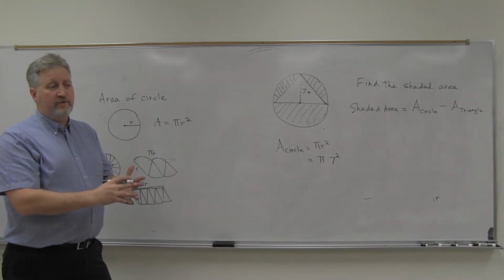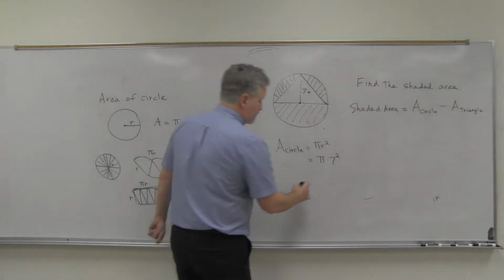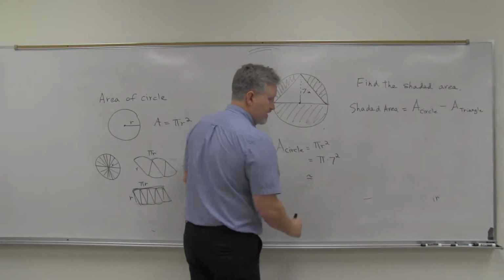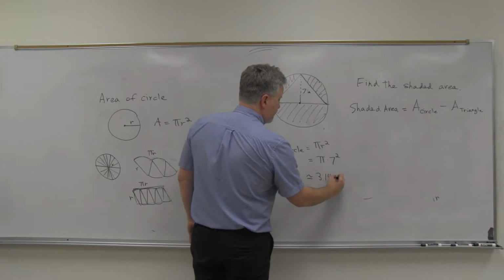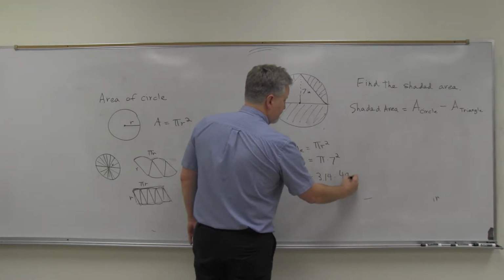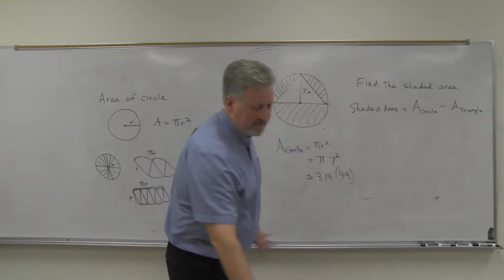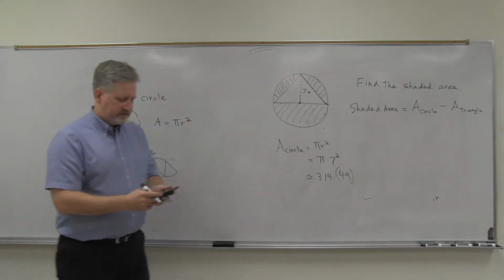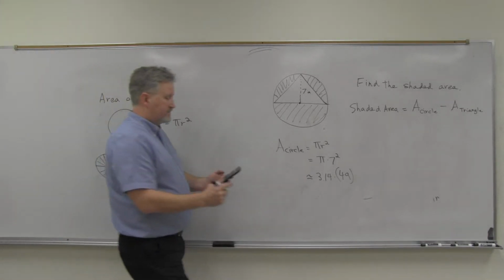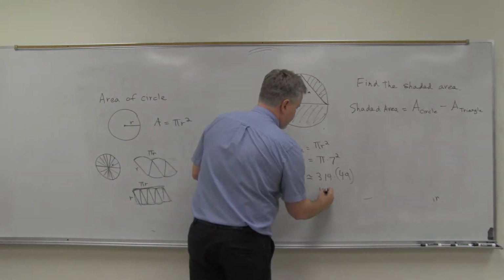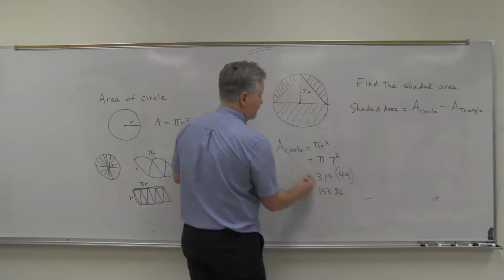If we use 3.14, I'm flexible there. Sometimes it may say which one to use, but this is going to be approximately 3.14 times 49, isn't it? If we use 3.14 for pi. If you use your pi button, you will get a slightly different value there. So that's 153.86. So that's the area of the circle.